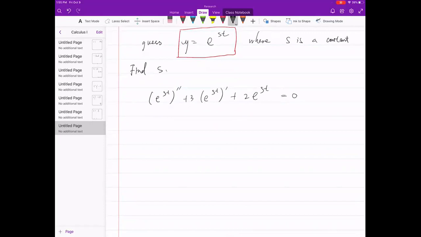After that, do the derivative. Well, it's not hard because when you take the derivative of exponential by chain rule, you just multiply this constant in the front. And for this one, you just do it twice.